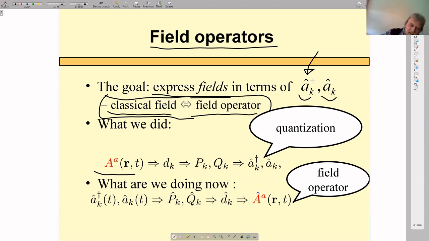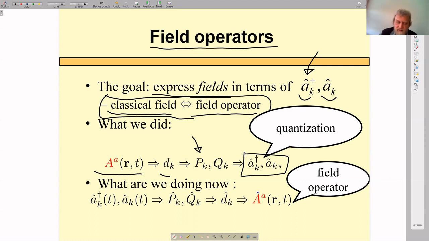Any arbitrary field we can present in terms of normal coordinates, representing an oscillator field. These normal coordinates we can rewrite as generalized momentum and coordinate. And from this, we can go to operators.